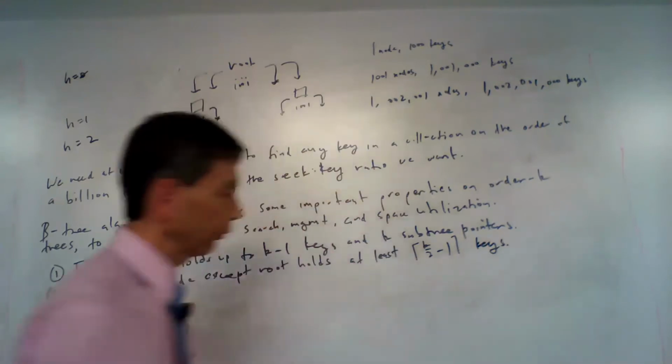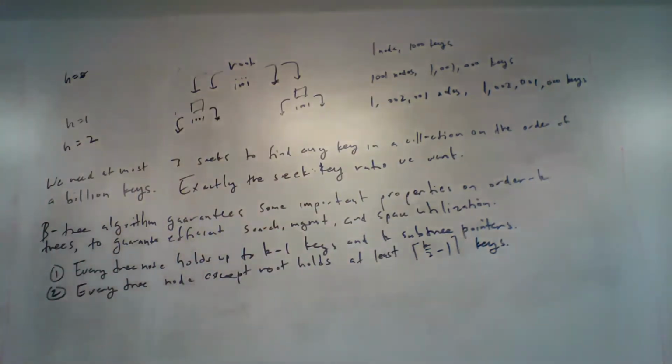So what is this telling us? In essence, every node except the root node is guaranteed to be at least half full. It could be more full than that, but it's not going to be any less full. And you can see that if you think about it intuitively. When a leaf overflows, we split it into 2 leaves and we promote up a value. So those 2 leaves are going to be about half full, which would be ceiling k over 2 minus 1.